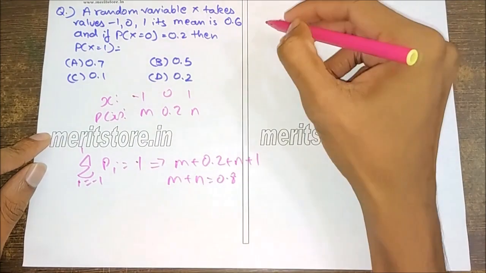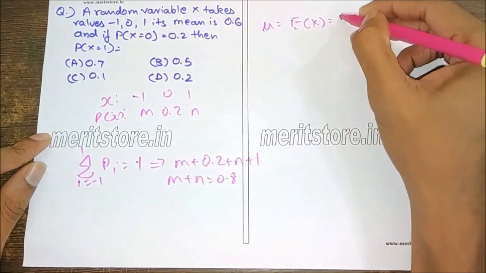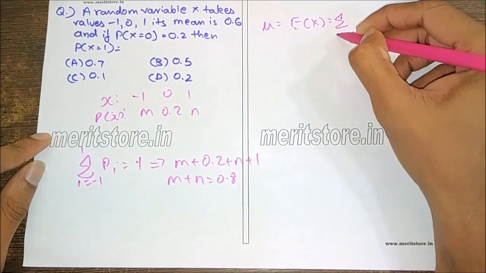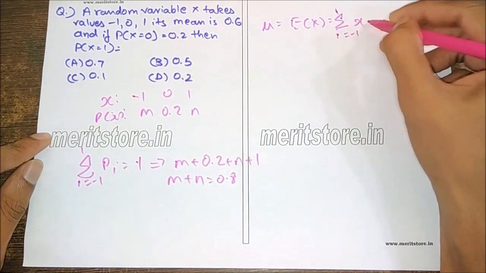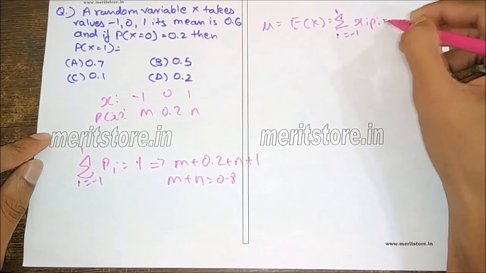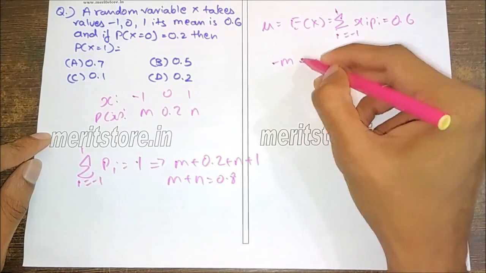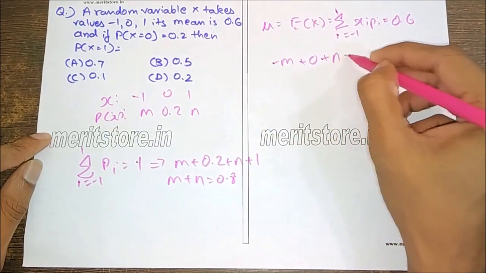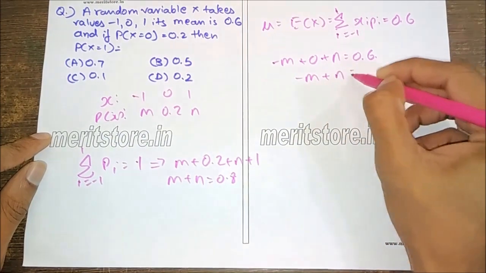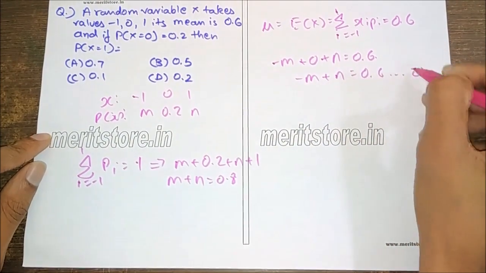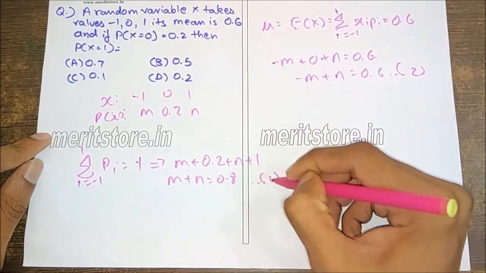Therefore we have mu is equal to e of x equal to summation of xi pi equal to 0.6. Therefore that is minus m plus 0 plus n is equal to 0.6, so minus m plus n is 0.6, which will be equation 2. Let the previous one be equation 1.